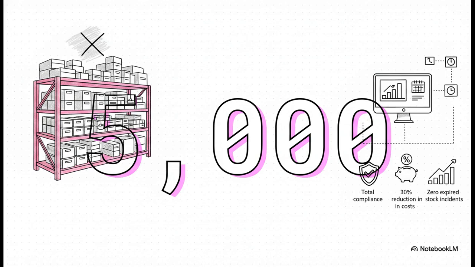The system was configured to generate automated alerts exactly 3 months before a batch expired. The result was absolutely transformative for them. 0 expired stock incidents, total regulatory compliance, and a 30% reduction in inventory holding costs in just 1 year. So from global retail down to local distribution, the fundamental mechanics of ERP remain exactly the same.